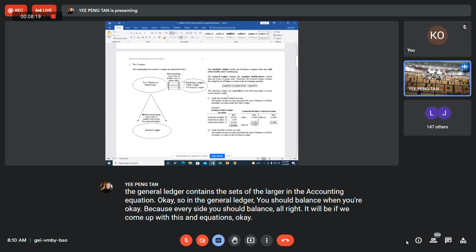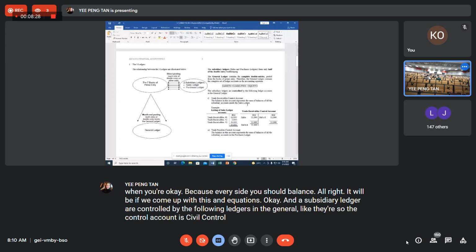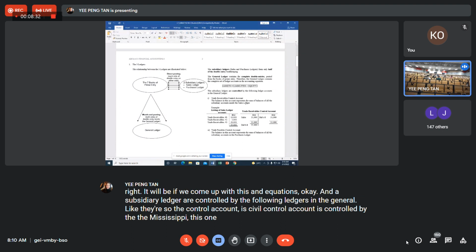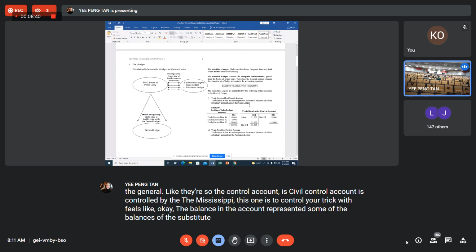The subsidiary ledgers are controlled by the following accounts in the general ledger. The trade receivable control account controls your trade receivable sales ledger. The balance in the account represents the sum of the balances of the subsidiary accounts inside the sales ledger.